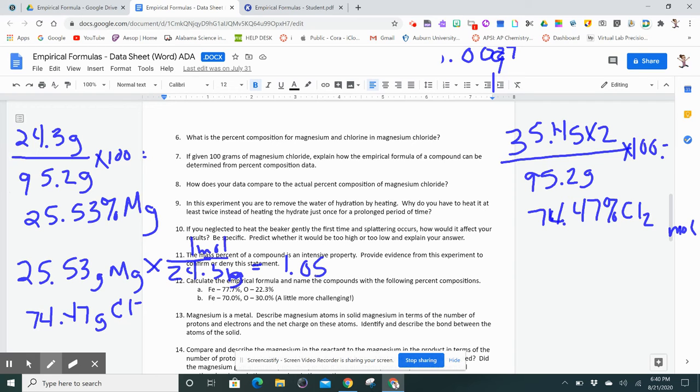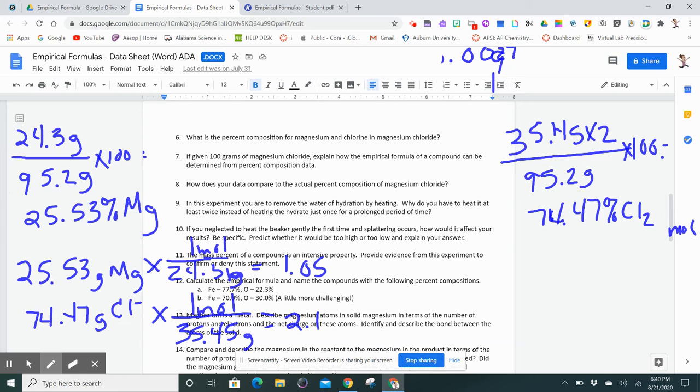No, I'm sorry, that's wrong. 74.45 divided by 35.45 is 2.1. So both of those are pretty close and round to that 1 to 2 ratio.